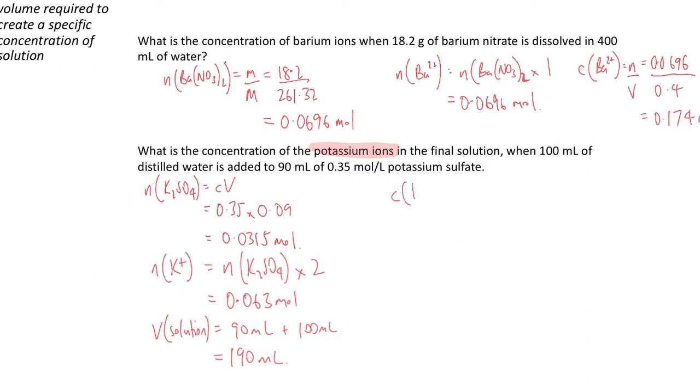So the concentration of potassium ions will be equal to n on V, which will be equal to 0.063 over 0.19, which will be equal to 0.332 mole per liter. Okay, that's the concentration of the potassium ions there.